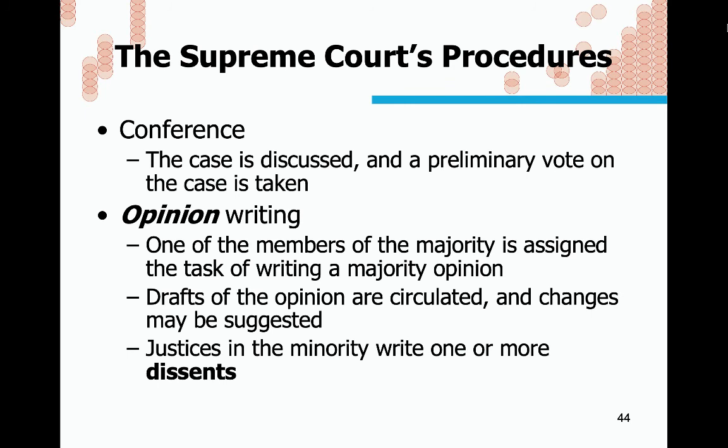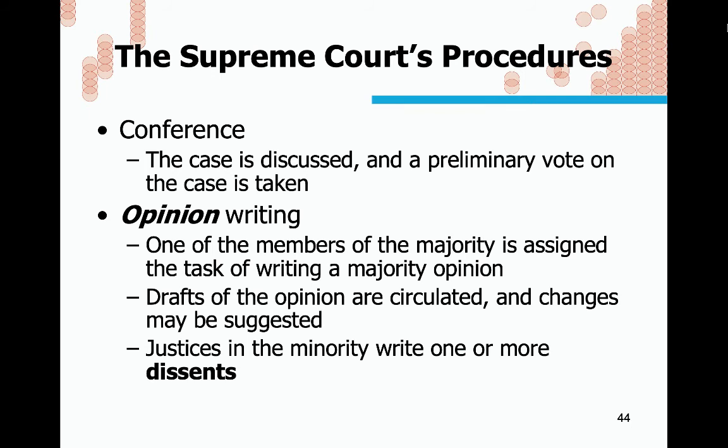From there, after a case is heard in the court itself, the case is discussed behind closed doors in conference by the Supreme Court justices, and a preliminary vote is taken. From there, the justices write their opinions. One of the members of the majority is assigned the task of writing a majority opinion.